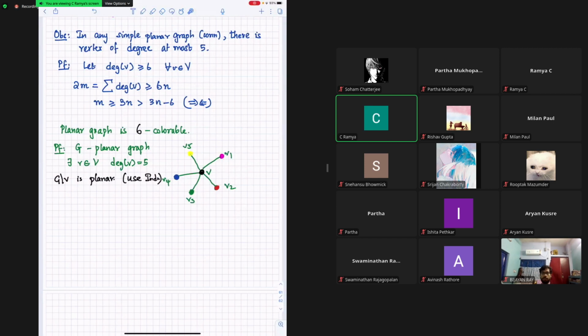Now consider the graph where you remove the vertex V, and consider G minus V. This is by induction. So it's an induction on the number of vertices.